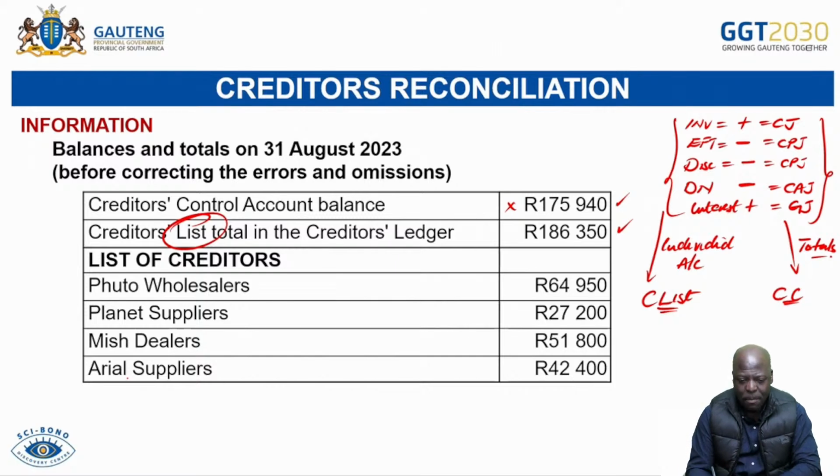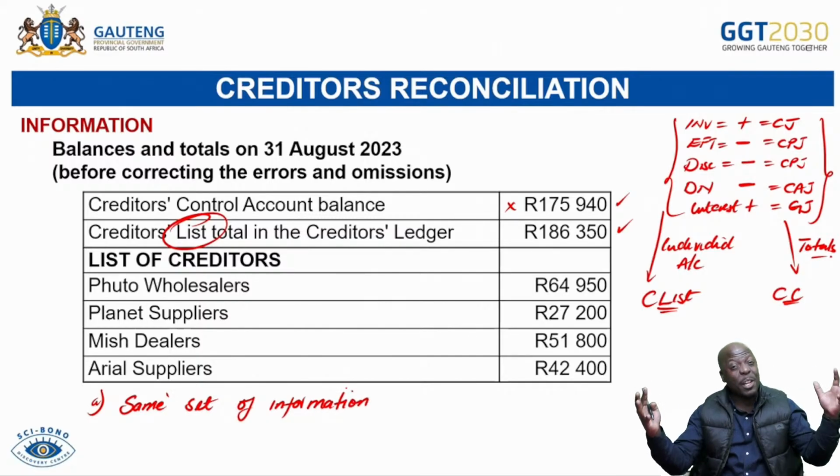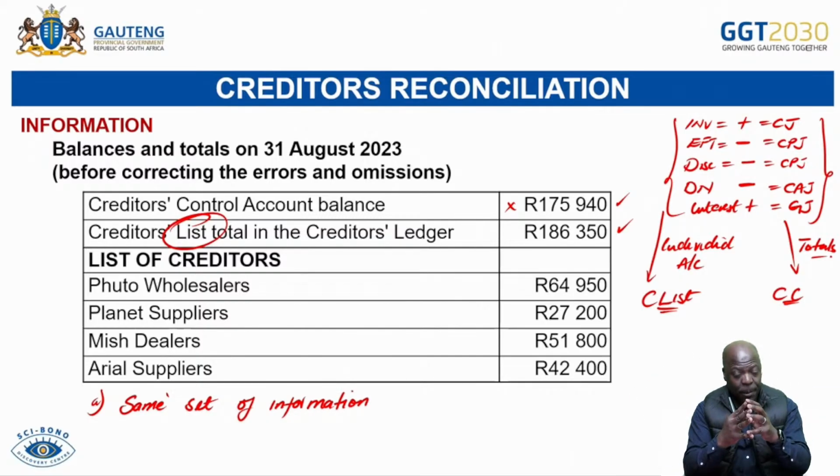They should be the same because, number one, both of these are created from the same set of information. So they should agree, in other words, because it is coming from the very same set of information.